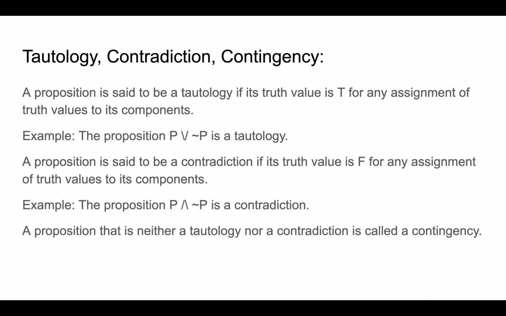Just take two values for P, true and false. When P is true, negation P will be false, and when P is false, negation P will be true. So what will be there for P or negation P? Take the OR operation between the two columns. We'll go to the whiteboard in this case, so you will come to know.